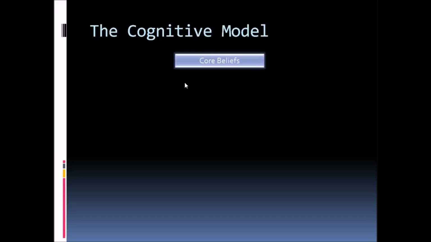But the way it's illustrated is core beliefs start us off at the top of the model. So what are core beliefs? Well, core beliefs are deeply held beliefs that everybody has. As you can imagine from the name, they're at the core, and we believe they're central to influencing human behavior. Most core beliefs are positive, and they're formed from our life experience.